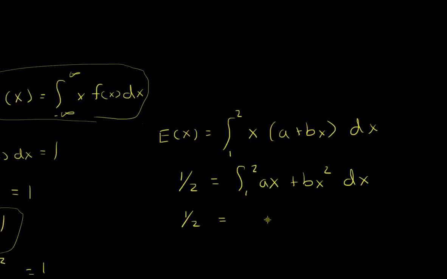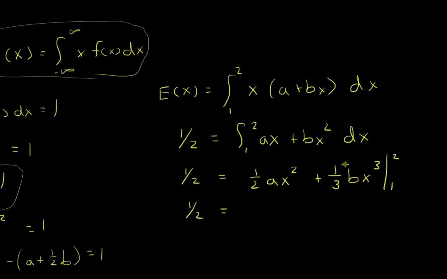All right, and now let's go ahead and do this integration. And so I'll have 1/2 ax squared plus 1/3 bx cubed, evaluated from 1 to 2. All right, so let's go ahead and plug in those bounds for x.